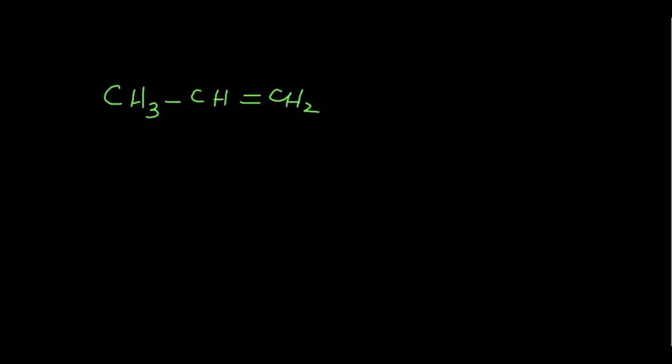We do the hydrogenation in the presence of a catalyst, that is nickel, at 200 to 300 degrees centigrade. Now students, we will see what products are formed when hydrogen is added. What is this compound? It is propene, right?